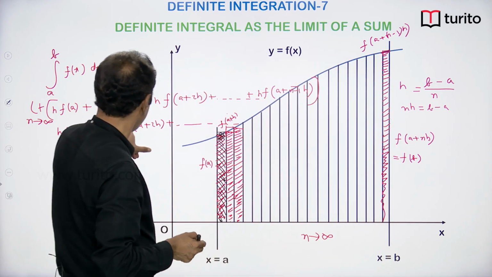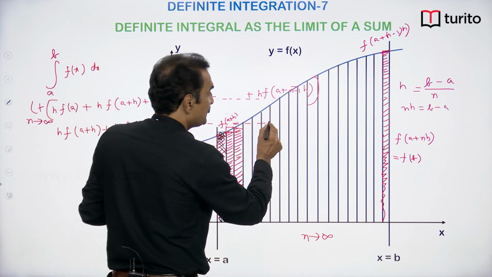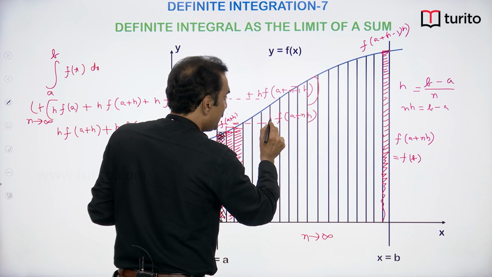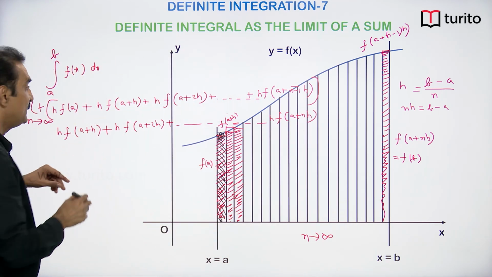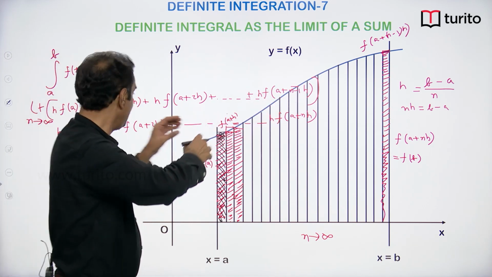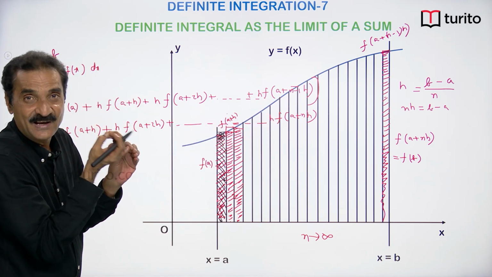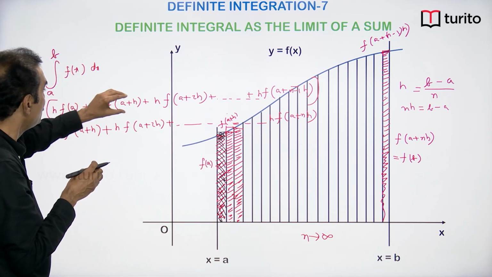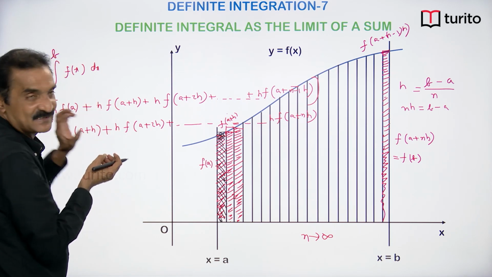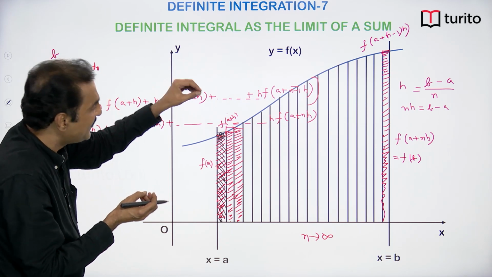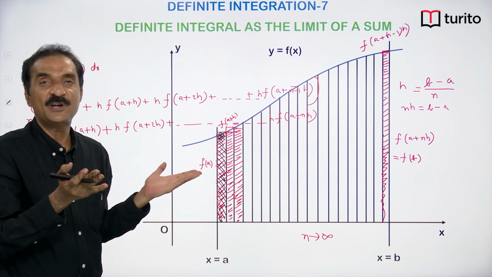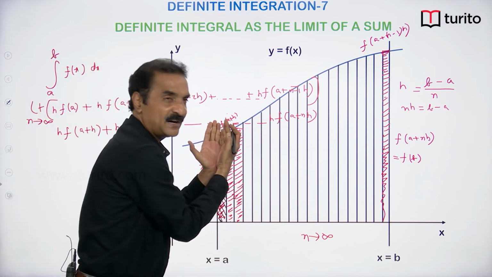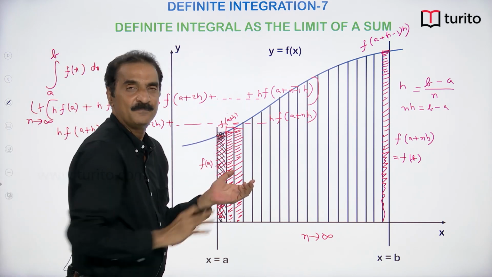Now this sum continues till f of a plus nh into h, then you will get the approximate value of the area, but in this case you are getting some extra area. You understood from the diagram? In this method I am getting something less than this. In this method I am getting something extra. But when n tends to infinity, both will be the same, because they are very close. When the two ordinates are very close, that is negligible.